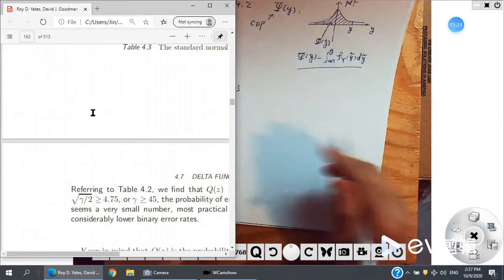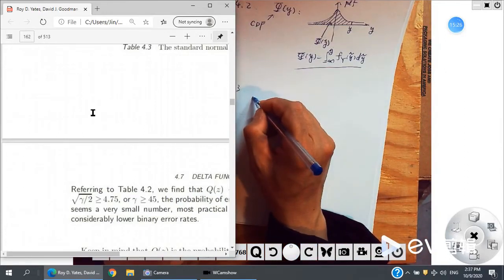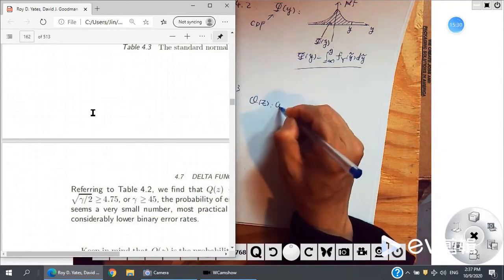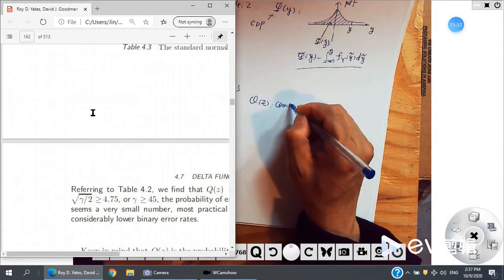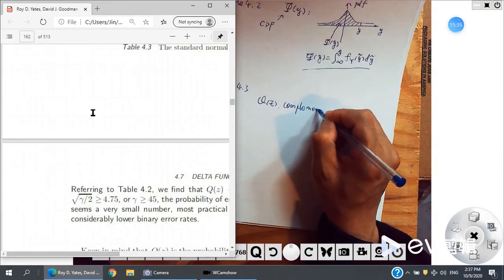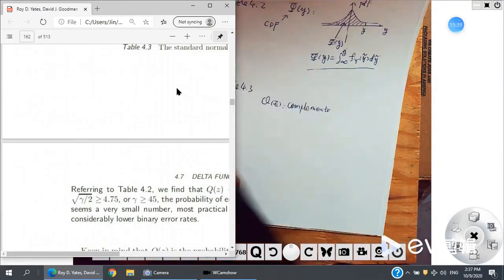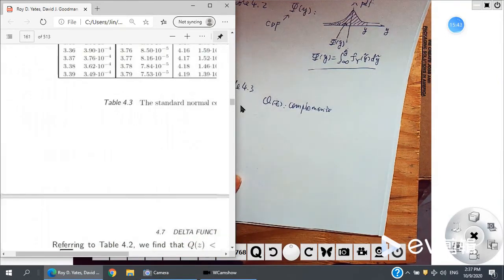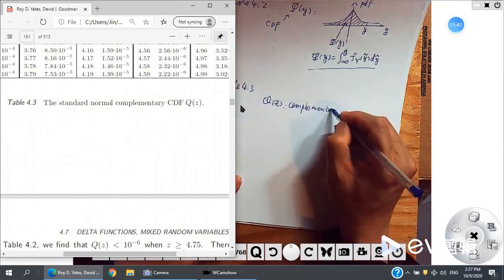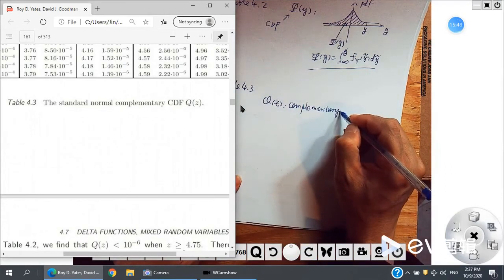This is Q of z. It is a complementary CDF.